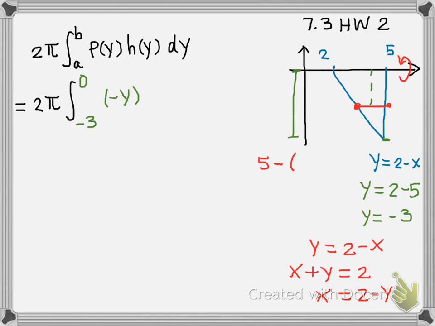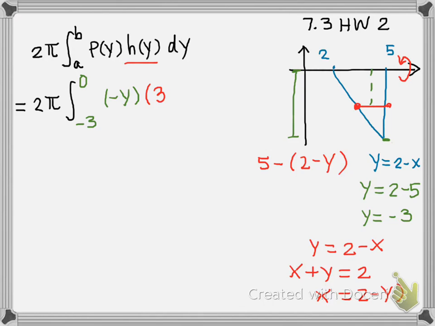So that is the x coordinate. But we need to subtract it from 5. So we get 5 minus parenthesis 2 minus y, close parenthesis. Then we simplify. 5 subtract 2 is 3.